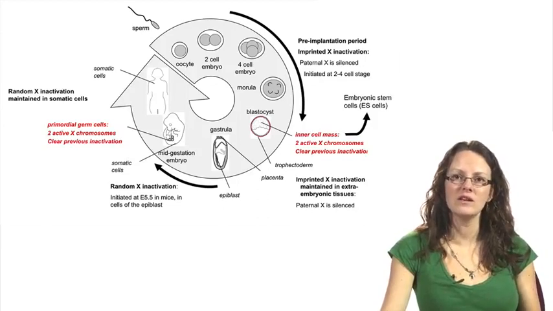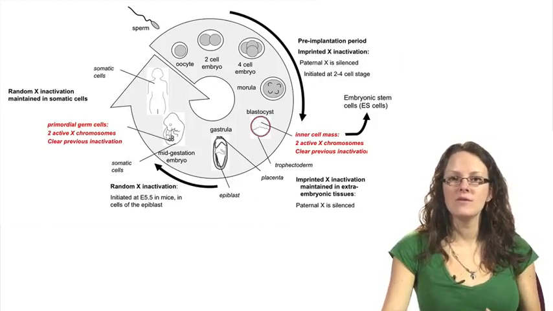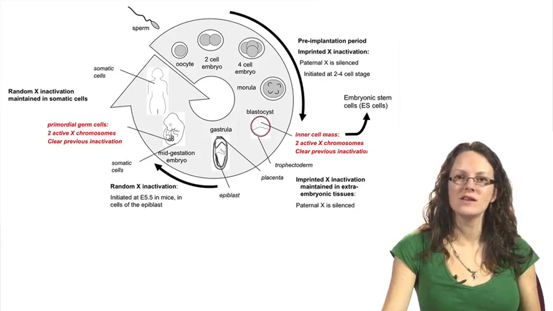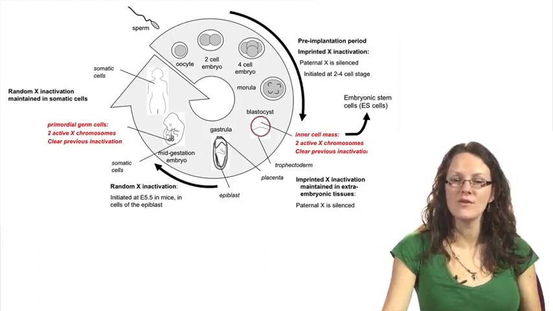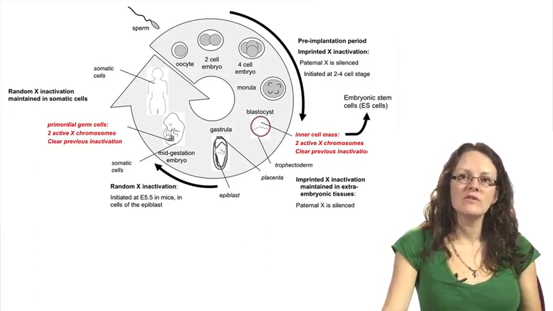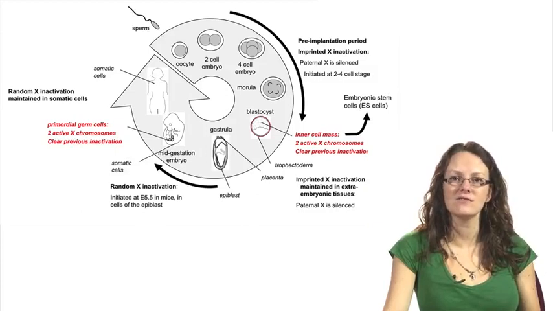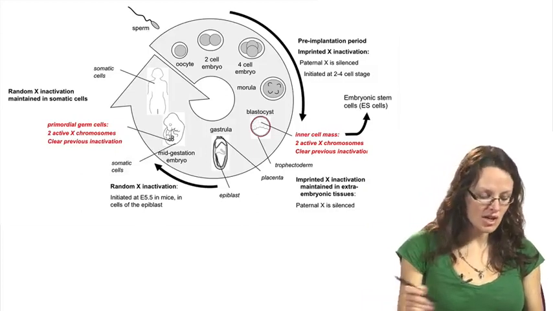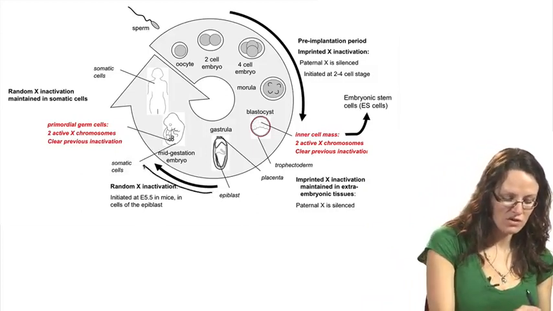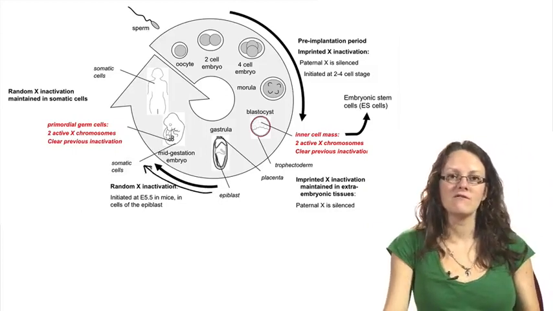And when we do that, we can therefore have many, many more cells than could be derived from the inner cell mass itself of a small embryo. But additionally, if we take these embryonic stem cells and stimulate them to differentiate, then they will undergo X inactivation, random X inactivation, just as it occurs during normal development from E5.5 onwards.